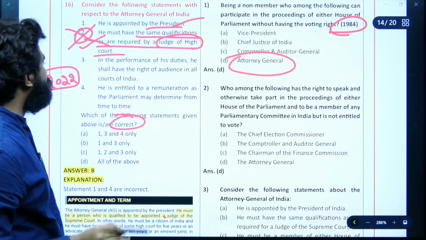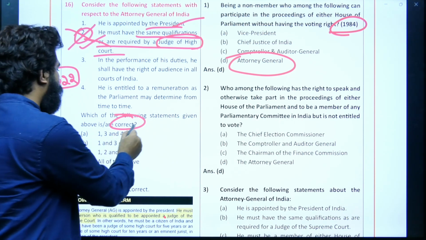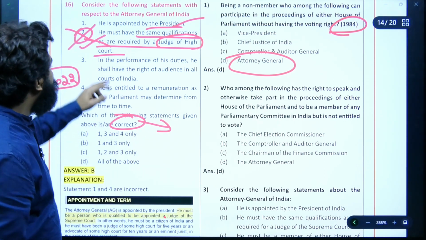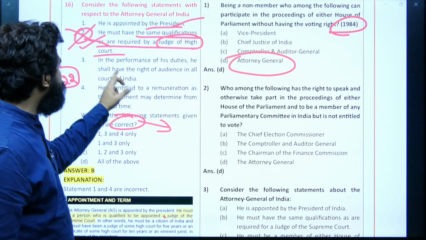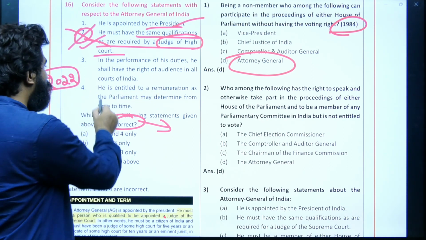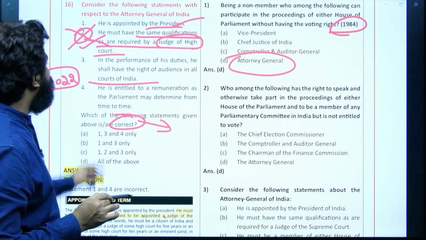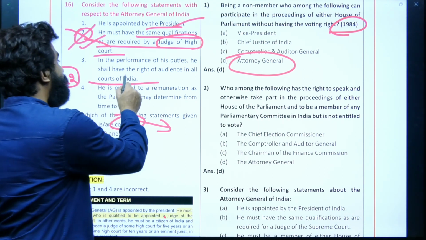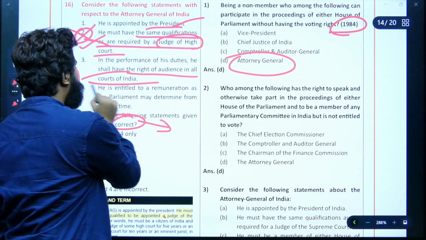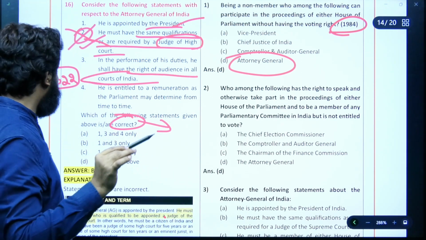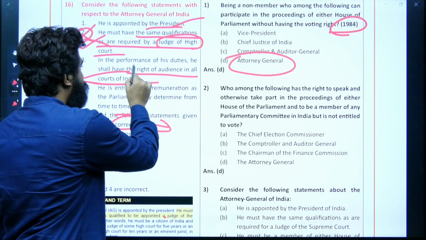Actually, I wanted to ask in the incorrect format, but I have asked correct only, no problem. In the performance of his duties, he shall have the right of audience in all courts of India, because in the app I have asked incorrect, it seems. Please look at this one.